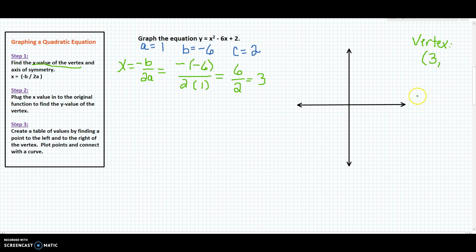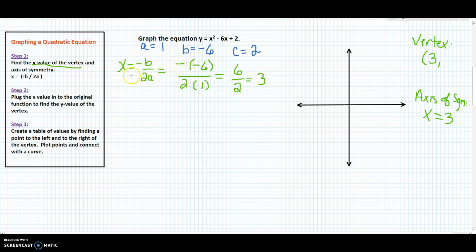It also means that our axis of symmetry is the line x equals 3, because it is the vertical line that goes through the vertex. So in that one step, we can find 2 parts.